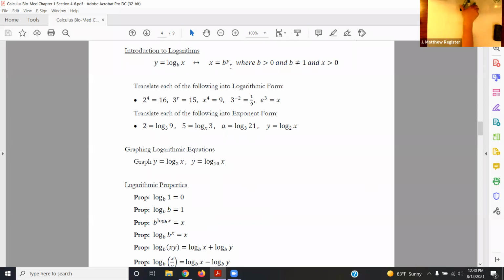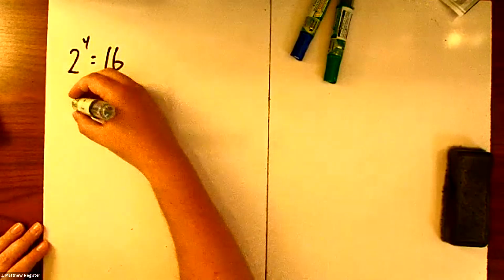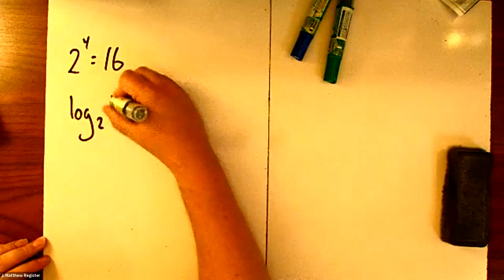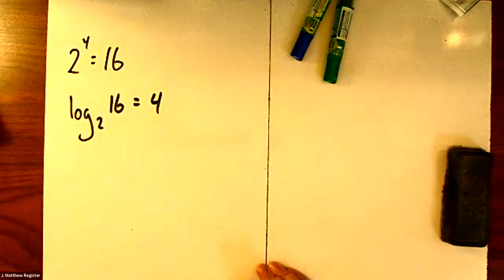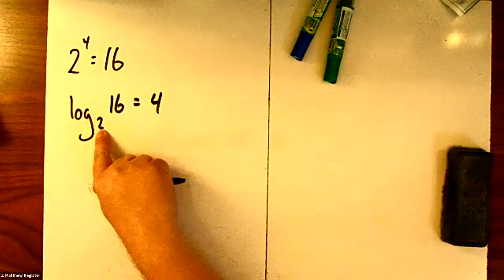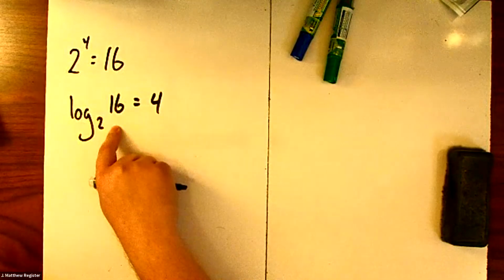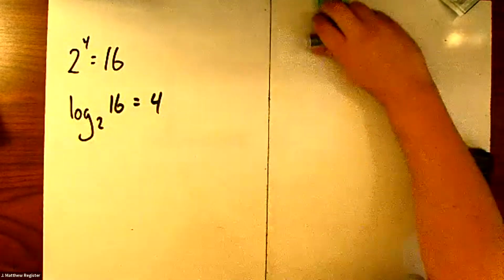And so when we see something like 2 to the 4th equals 16, we could rewrite this by saying the log base 2 of 16 is equal to 4. Basically, 2 to the 4th is 16. Now this one's kind of a weird one because 2 to the 4th and 4 to the 2nd are the same thing.